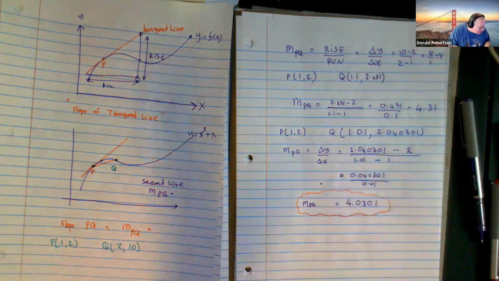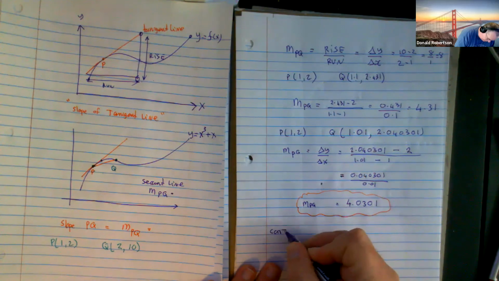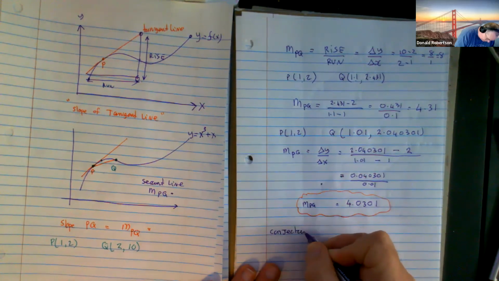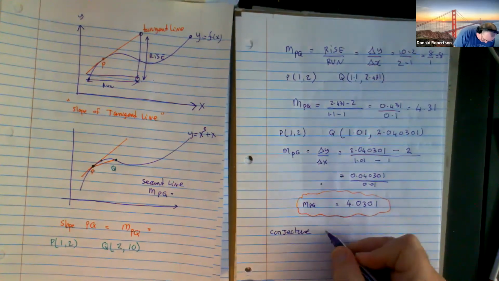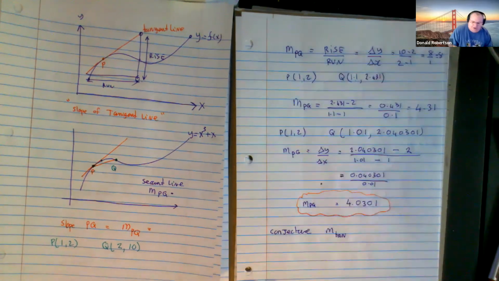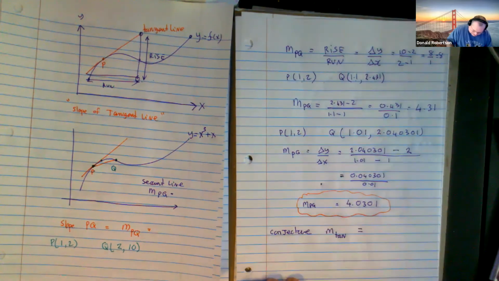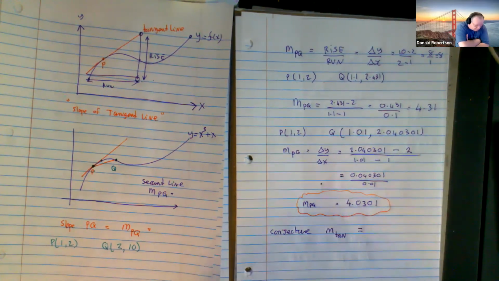And then we use a fancy word. We'll make a conjecture. And we're going to make a conjecture for the slope of the tangent line, which we're going to call m tan. What would be your best guess? Think of conjecture as being intelligent guess.